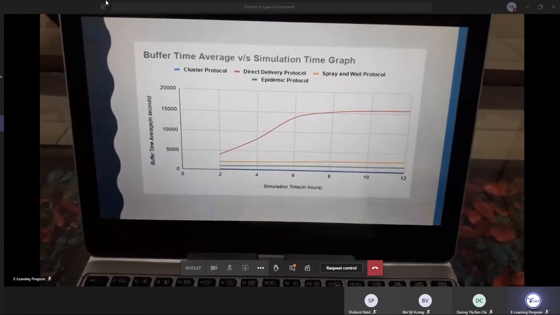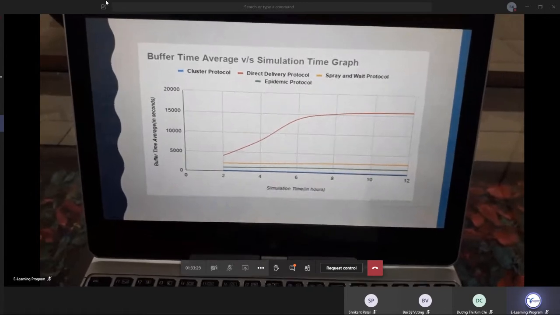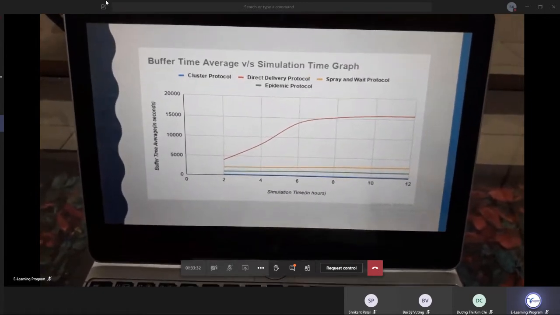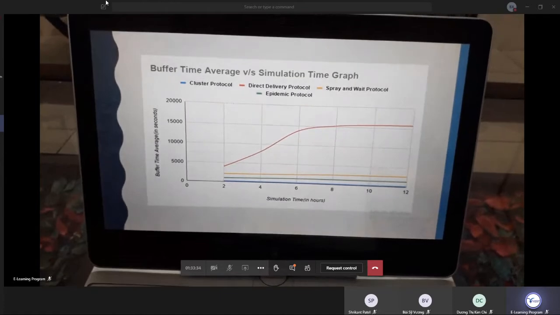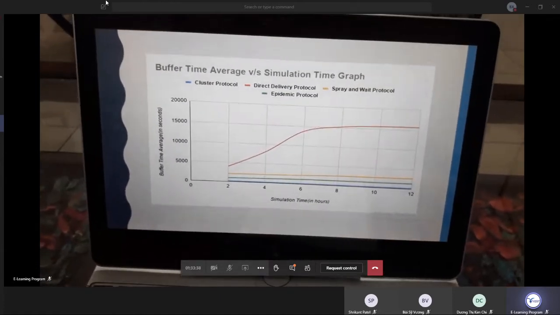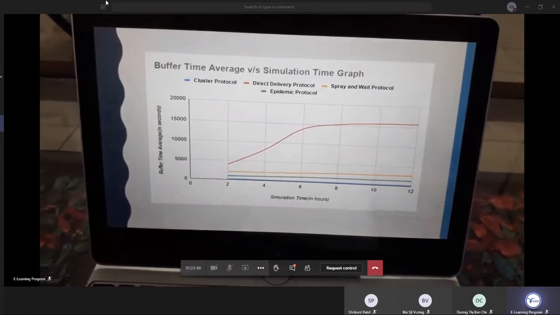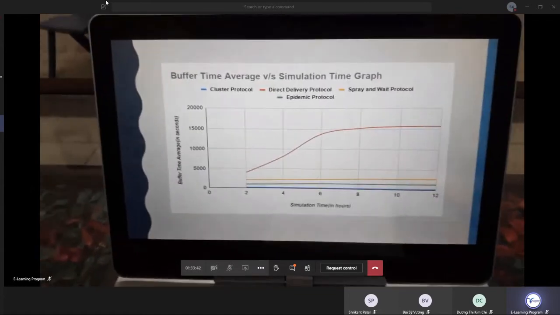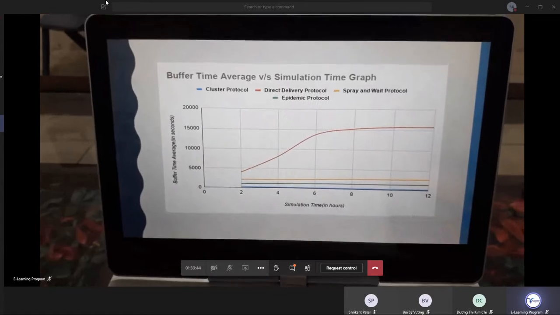Here blue is used for cluster protocol, red for direct delivery protocol, yellow for spray and wait protocol, and green for epidemic protocol.